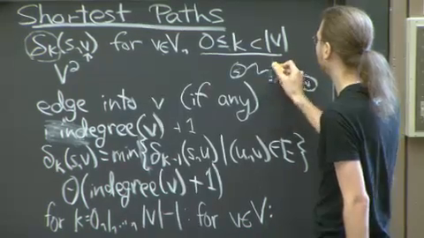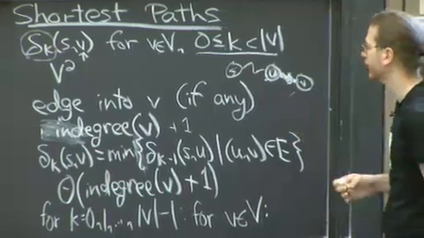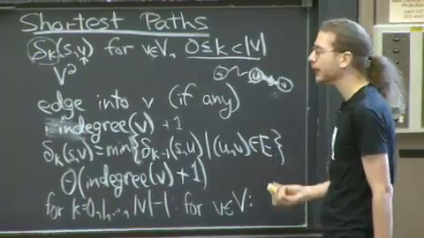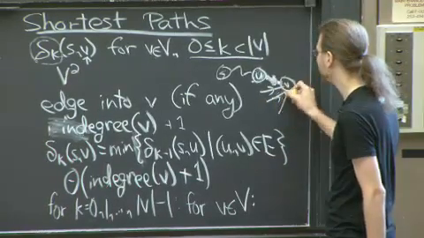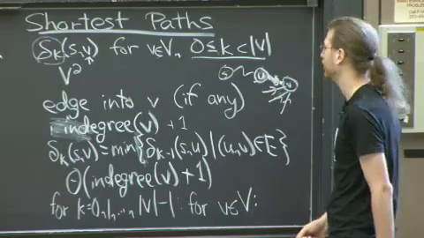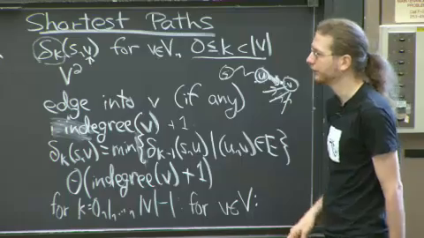There's some last edge from U to V, assuming the path has more than 0 edges. What could that edge possibly be? Well, it's some incoming edge to V. So there's going to be in-degree of V different choices for that. And to account for the case that that's 0, we do a +1. But that's not a big deal.